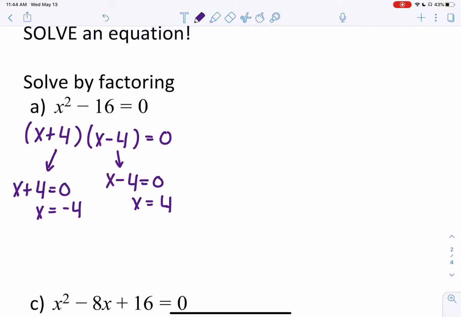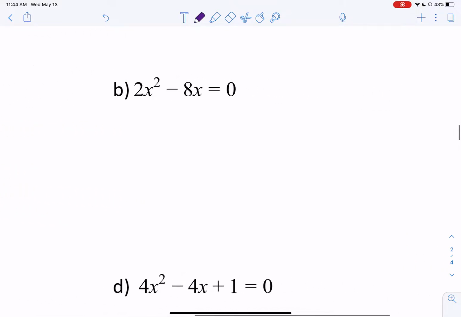Let's try another one. For this one, we have 2x squared minus 8 equals 0. So I'm going to solve for x. The first thing I want to do is factor. So I look through here and see if there's anything I can common factor. So I can common factor out a 2x. I'm left with x minus 4.